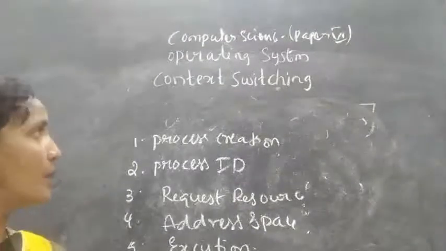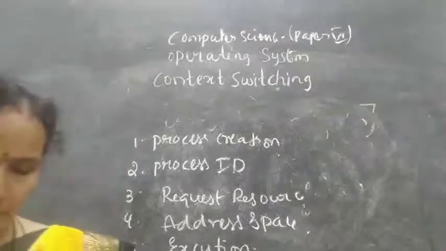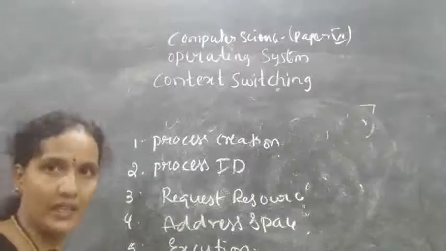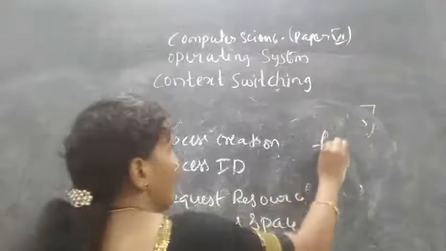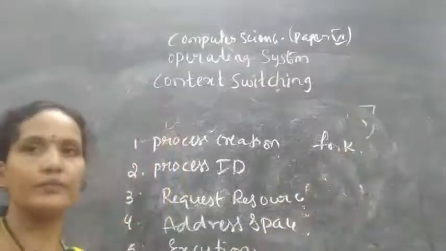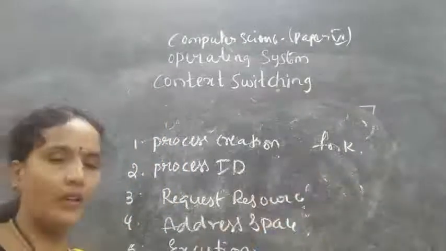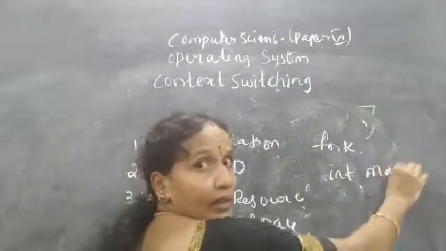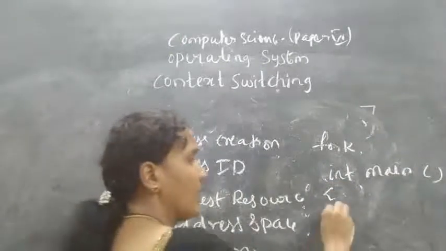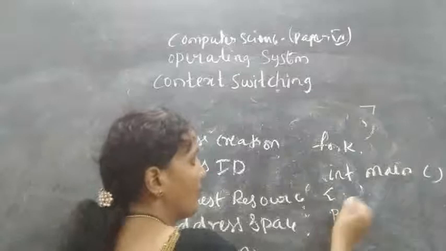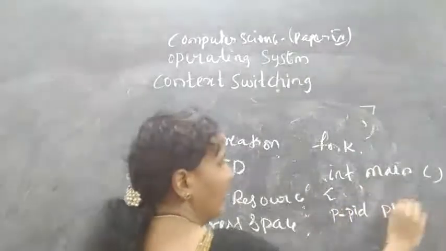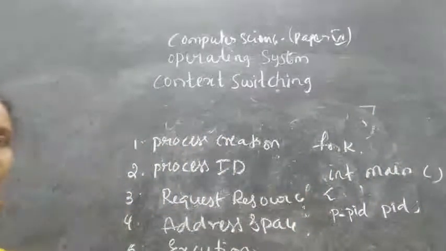Process creation means, as I have already explained, the process is created with the fork system call. So when the main process is given like this, int main. In the main function, I have given pid_t pid.